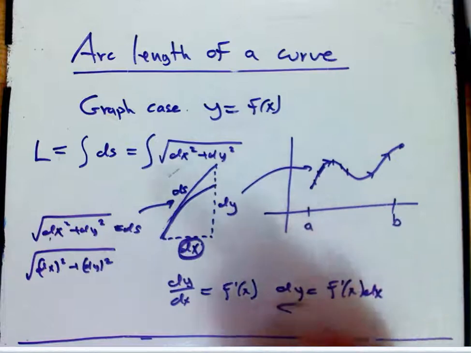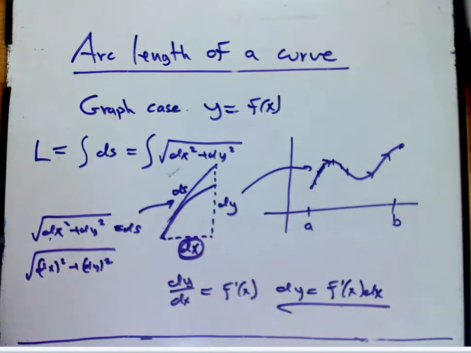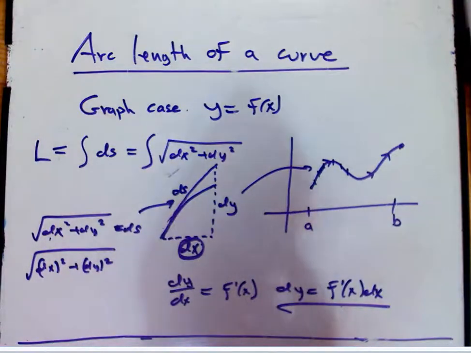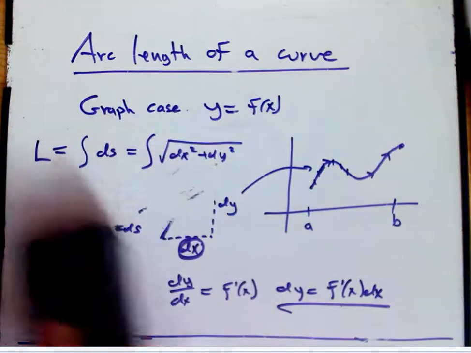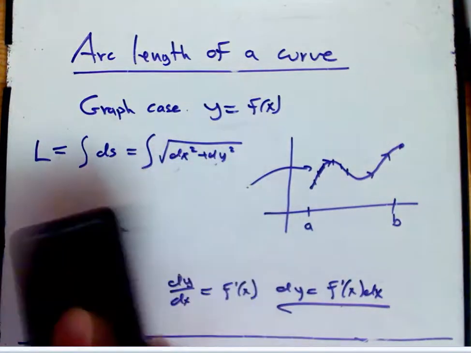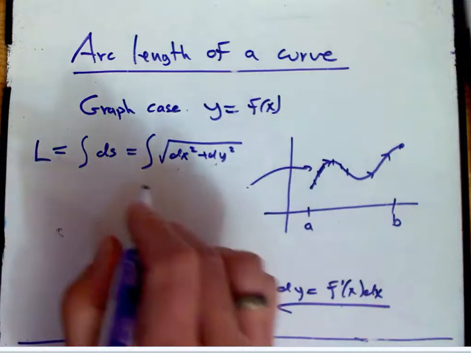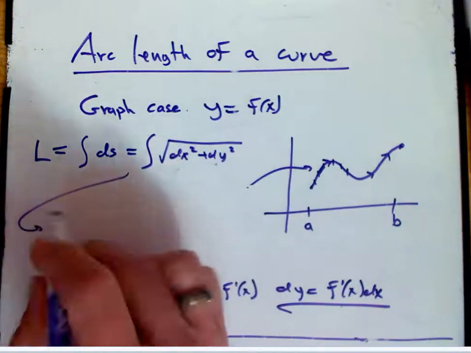Good old differentials. Okay, so the differential notation is almost always the thing that you really end up reaching for when you're doing integrals. Okay, so let's just put that together. I think I'll erase that little inset picture. And so we're just going to substitute that in.